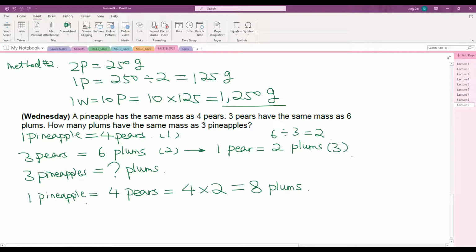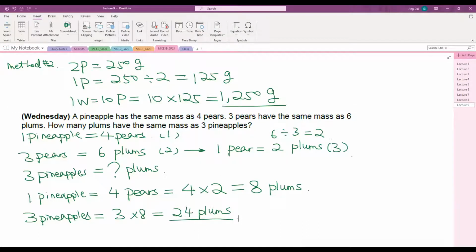So 1 pineapple weighs as much as 8 plums. But the question is asking 3 pineapples. Then what do you do here? Well, we just simply 3 times 8. Very good. Equals 24 plums. Does everybody have 24? Yeah, a lot of people nodding. That's so good.